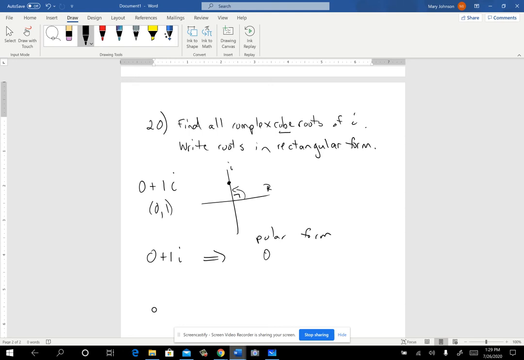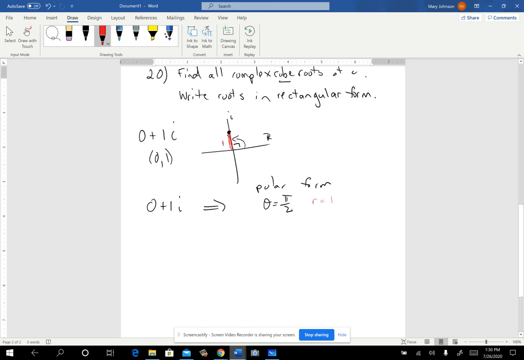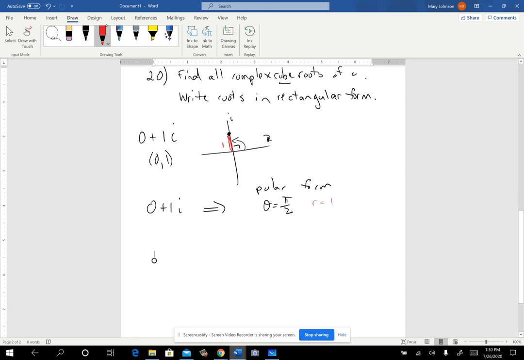So the theta equals pi over 2. And then you can see that this length right here, which represents the r, or the modulus for the complex number, has to be 1. Okay. So if I wrote that number in polar form, it would be 1 cosine pi over 2 plus i sine pi over 2.